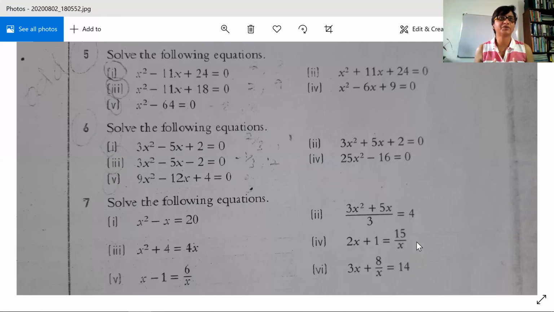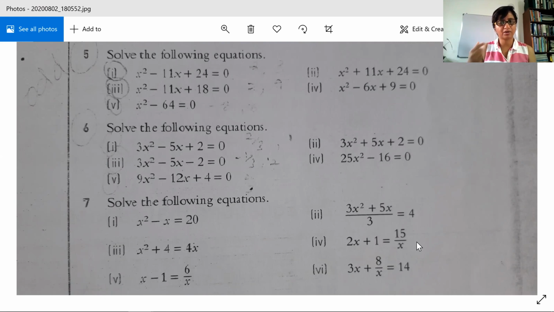You know that a quadratic equation is one where the largest power of x is x squared. But this doesn't have a square. You wouldn't realize it until you get rid of that fractional term 15 over x by multiplying by x throughout the equation.